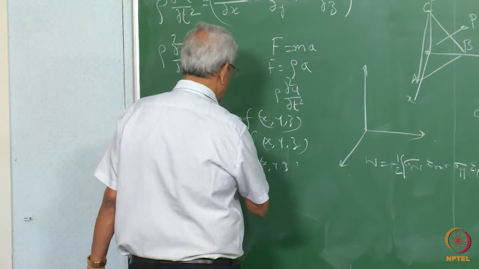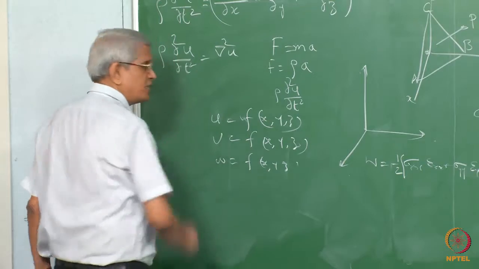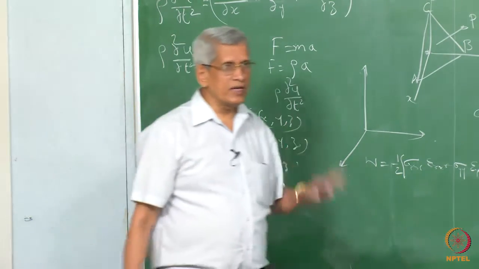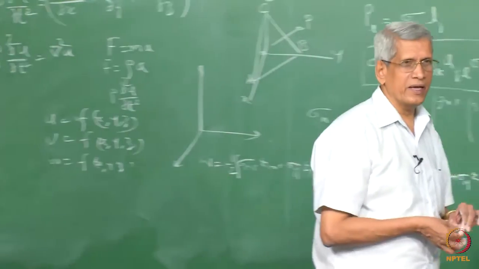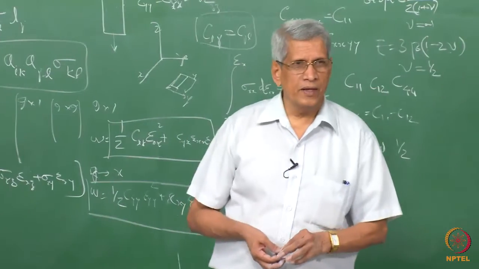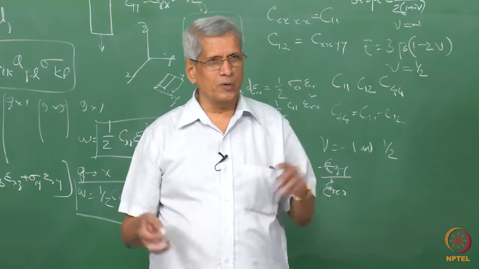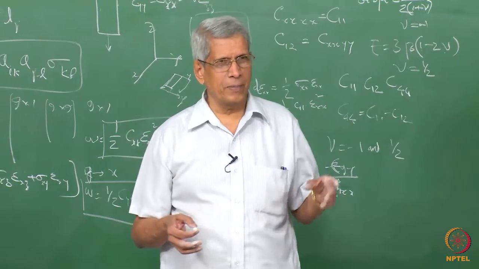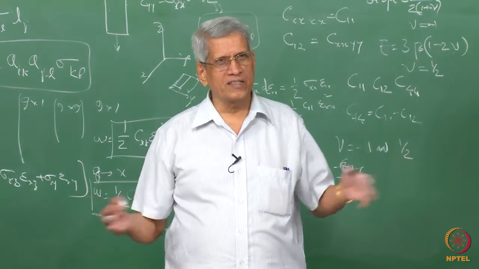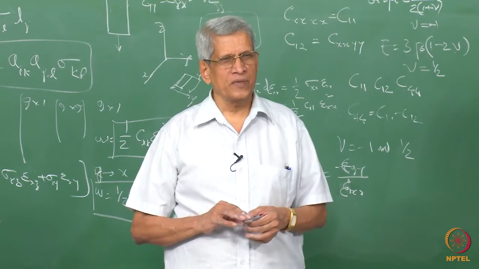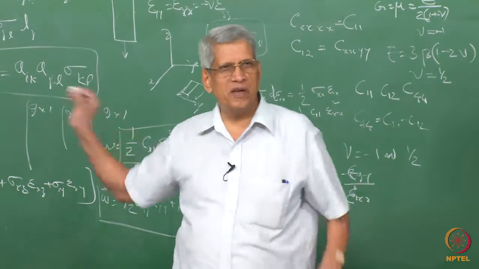Once this expression is obtained, we differentiate it and get the strain. Then using the generalized Hooke's law, we can find the stress. So the stress and strain distribution in the sample, all the stresses and strains, can be calculated at every point, and the displacement should satisfy this wave equation.